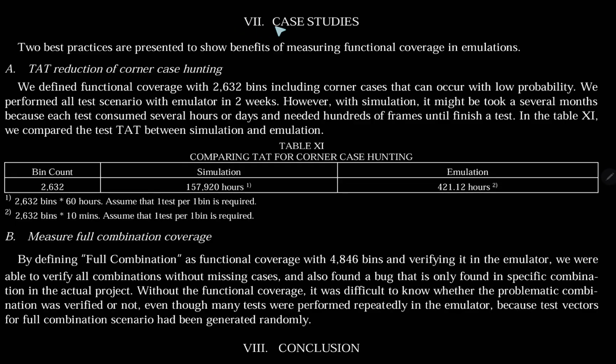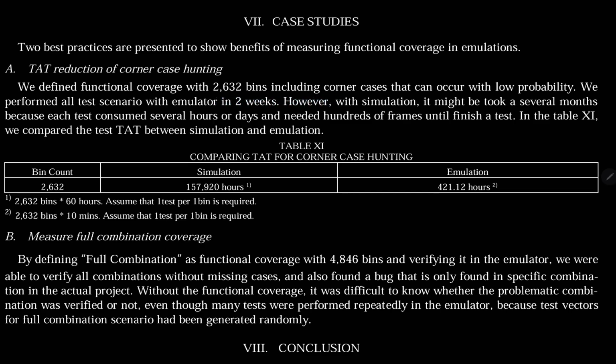Section 7, case studies. Two best practices are presented to show the benefit of measuring functional coverage in emulation. A. TAT reduction of corner case hunting. We define the functional coverage with 2,632 bins, including the corner cases that can occur with a low probability. We performed all test scenarios with the emulator in 2 weeks.